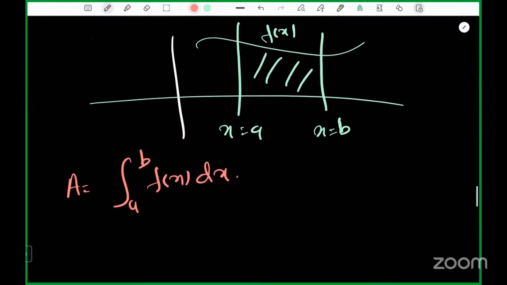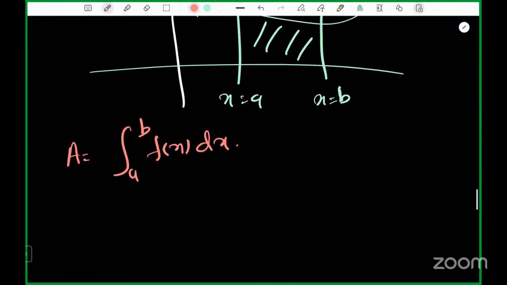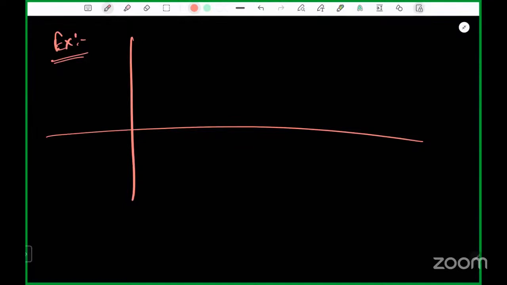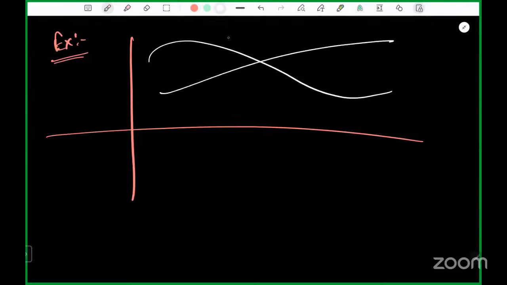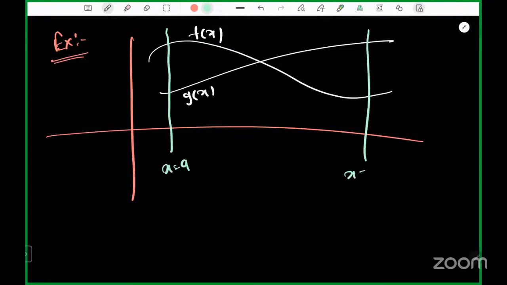Now suppose in place of f of x, we have more than one function and we need to find the area enclosed by these two functions. For example, if you have such a situation, suppose this upper one is your f of x function, this lower one is your g of x function, and you want to find the area enclosed by the functions f of x and g of x within the boundary of x equals a and x equals b.